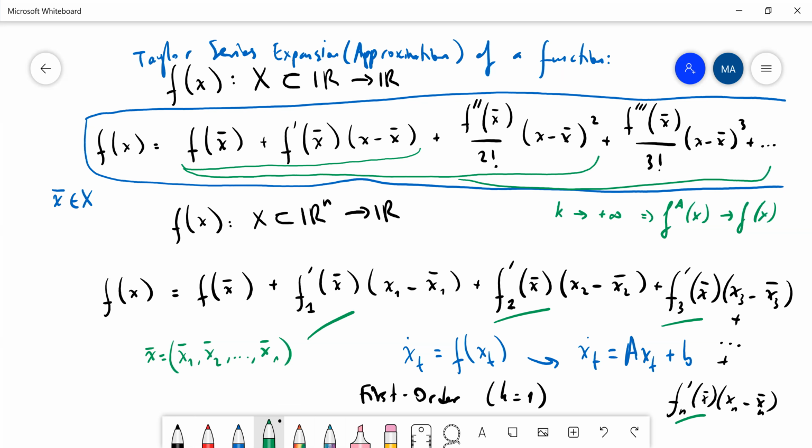And this is what we're going to use. Why? Because we want our nonlinear system to be a linear one. We want to transform our nonlinear system into a linear system. For this reason, we're going to use first order Taylor series approximation. Our approximation order will be just 1.